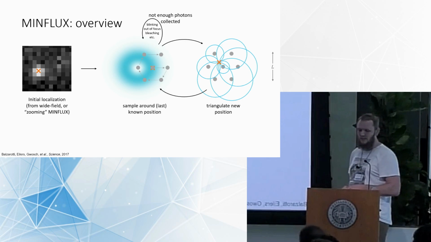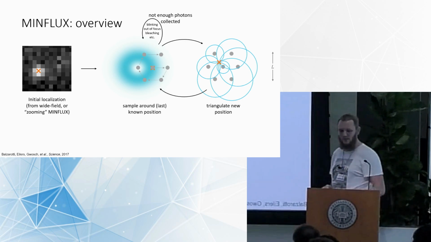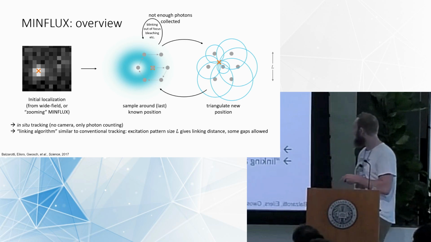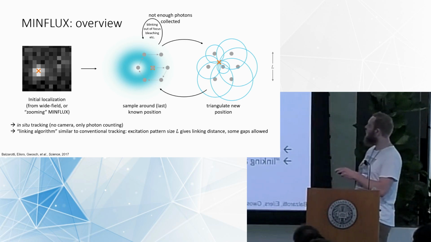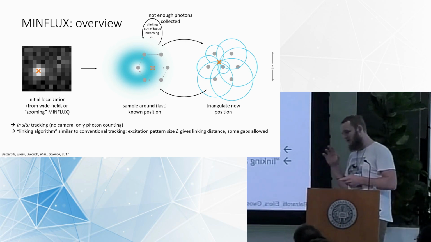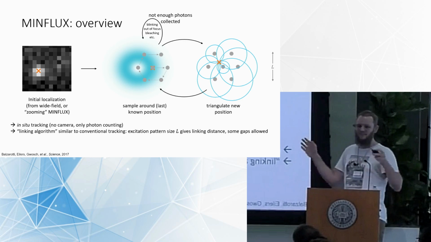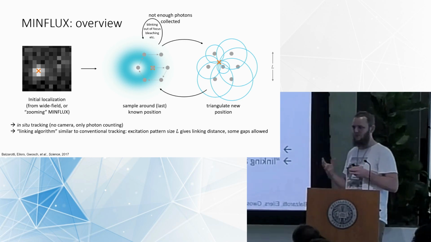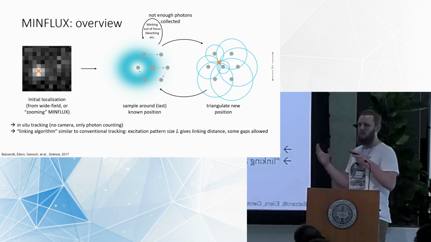This is very similar to conventional tracking, which I'm mentioning down here. For those who were here on Monday, I talked about the conventional way we track these fluorophores. You use some linking algorithm.